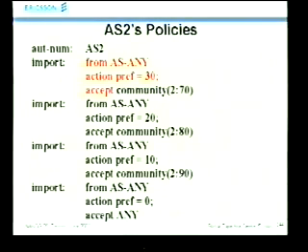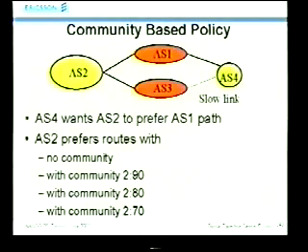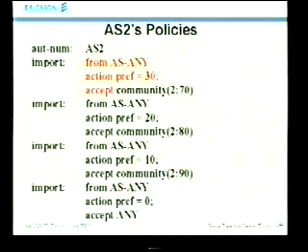And import from AS-any, action pref equals 10, except community 2:90. And from AS-any, action pref equals 0, except any. So we have implemented here in this autonomous system object this policy. This is the order in which AS2 prefers routes, and this is the autonomous system object. And I hope you see just how difficult it really isn't. Okay?